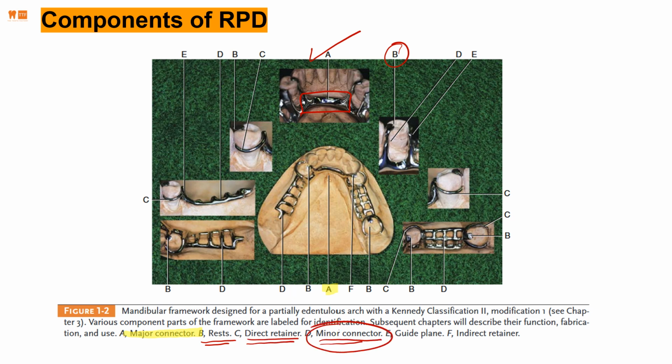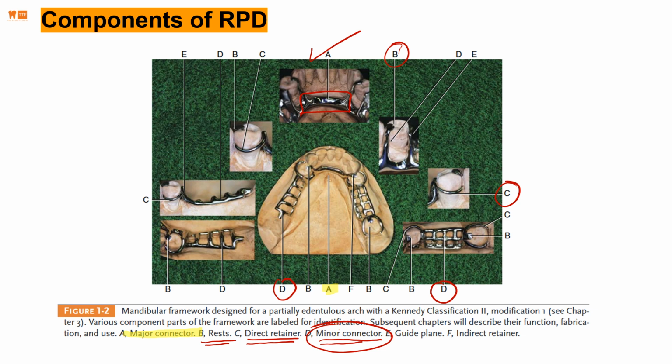So major connectors have a component called D, which allows any other component, of tooth structure, of acrylic, anything from the major connector to a very specific functional component, such as a clasp or direct retainer, to connect, right?